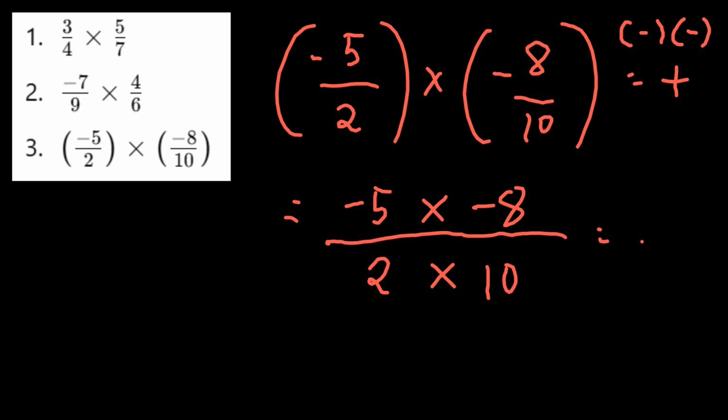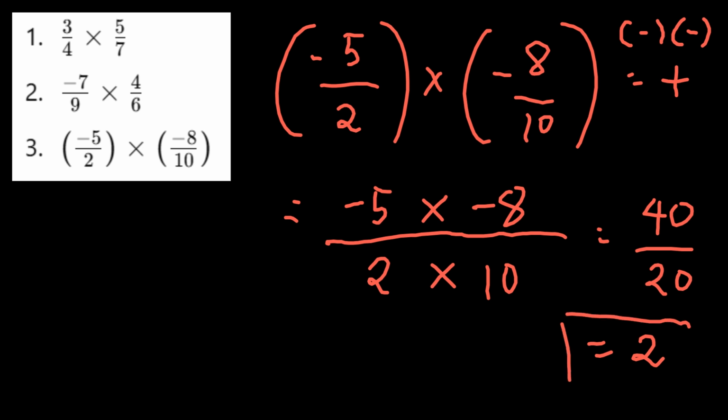That would be 40 over, what is 2 times 10? That would be 20. And of course, 40 divided by 20 would give us our final answer, which is 2. So easy, right?